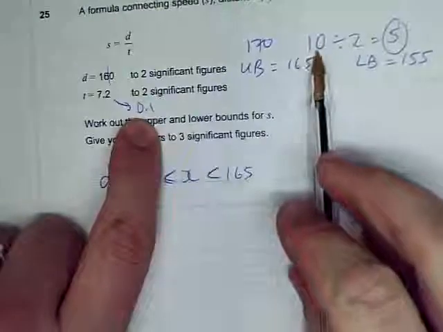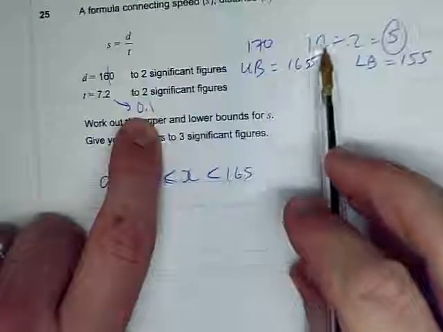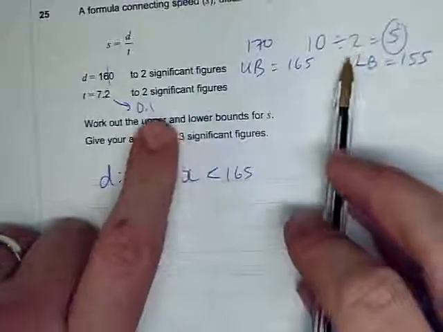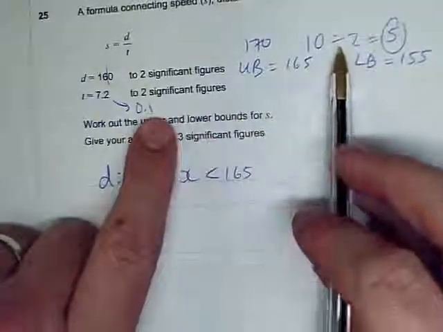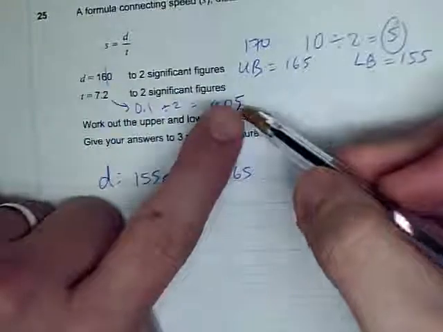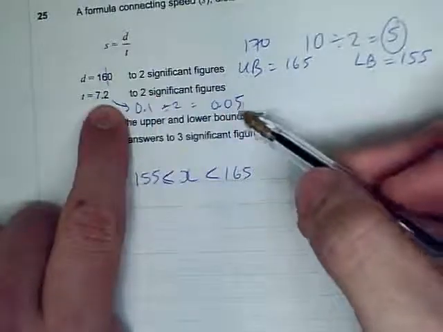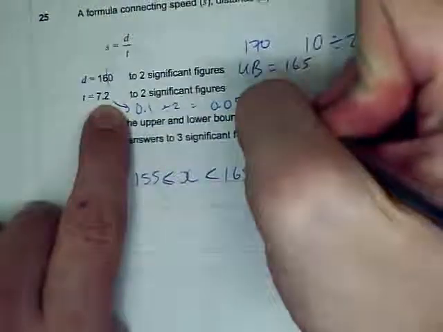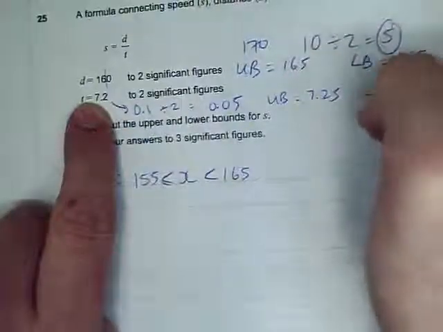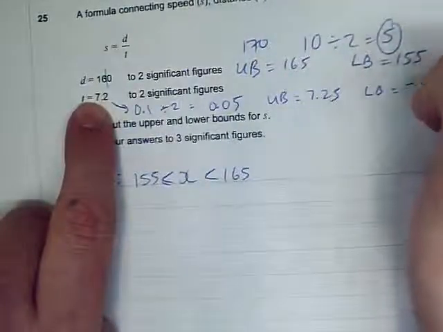So just like we did before when we worked out what the increase was, we then need to half it, because that splits it so we can work out the two bounds. So half of 0.1 is 0.05. And then we can just add and subtract this to tell us what the upper bound is. So the upper bound, if we just add it on, is 7.25. The lower bound would be 7.15.